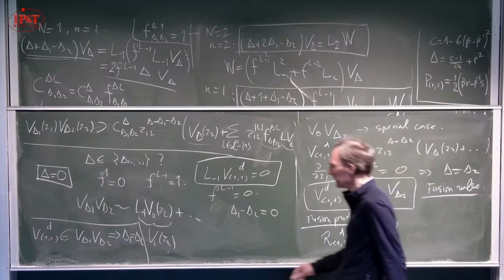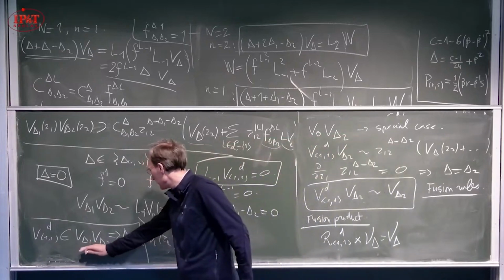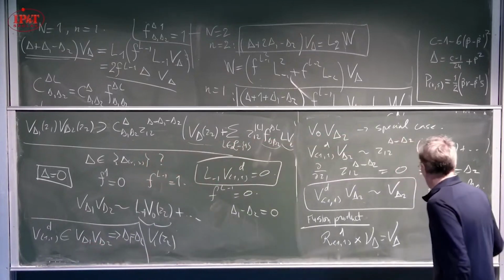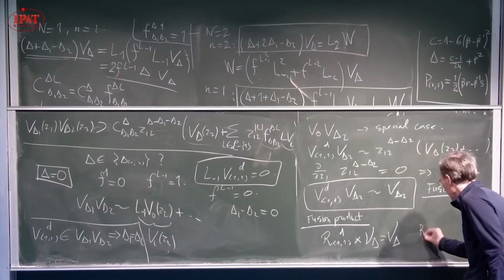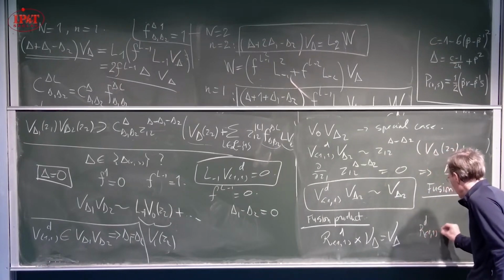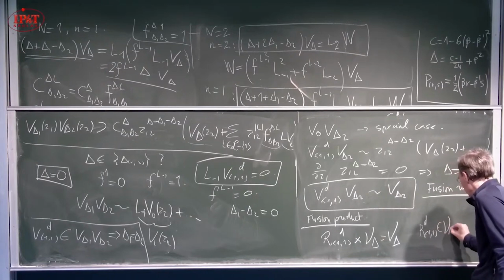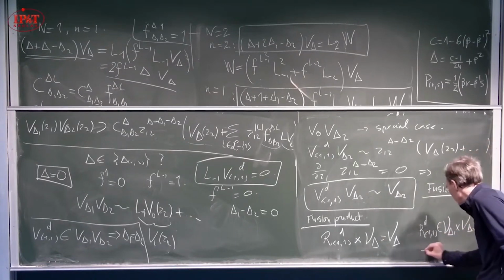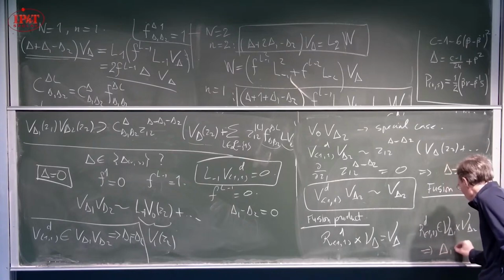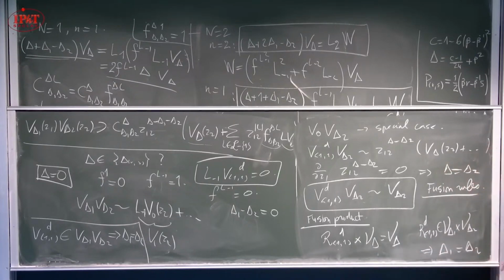And the interpretation of this fusion rule in terms of a fusion product is that R11 belongs to the fusion product V delta 1 times V delta 2. Well, that's possible only if delta 1 equals delta 2.